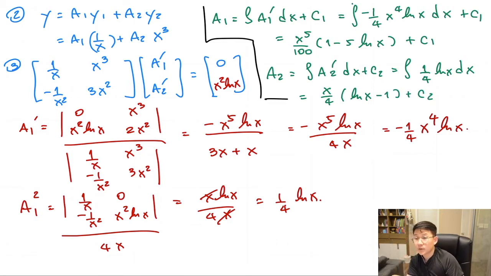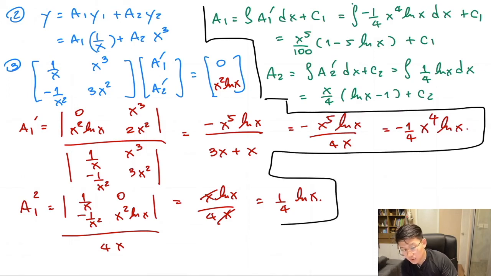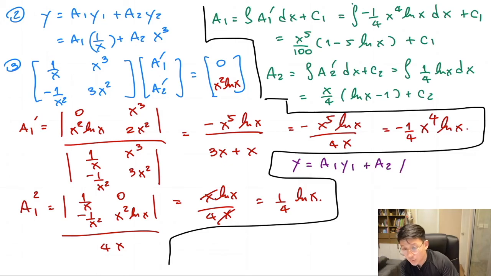Okay, so the solution would be y equals a1 y1 plus a2 y2.